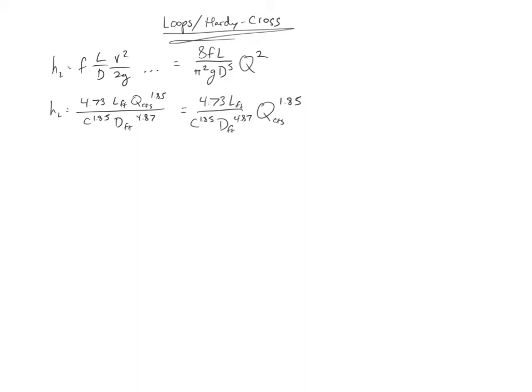So I've written here up in the upper left, you can see the Darcy-Weisbach equation. I haven't shown you all the details, but by doing some substitutions into Darcy-Weisbach, I can show that you can rewrite it as I do on the right hand side: 8FL over pi squared g D to the fifth.